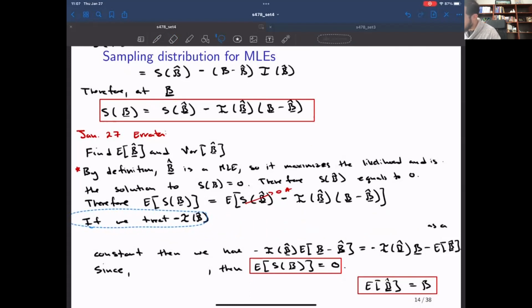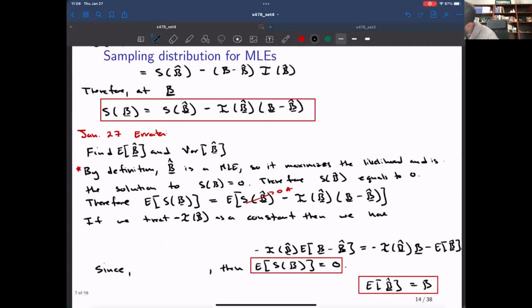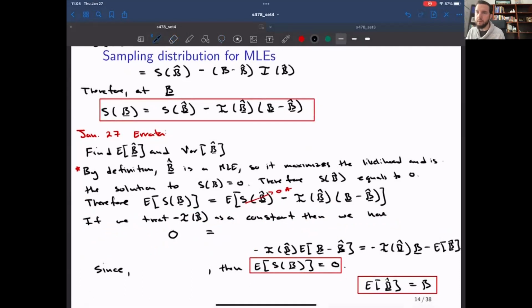So if we treat the negative information function as a constant, then from above, 0, because we know the expected value of the score function is 0, is equal to negative I of beta hat times the expected value of beta minus beta hat.